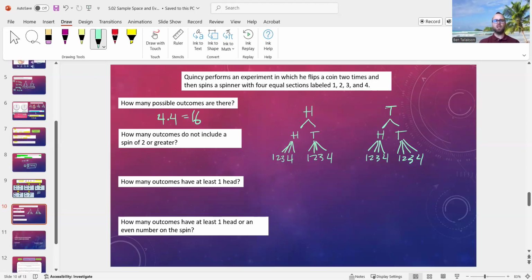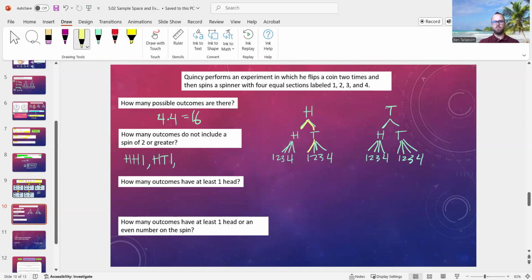How many outcomes do not include a spin of 2 or greater? 2 or greater. Let's think. I see H1, right? If I go from H to H to 1, I do not get 2 or greater, right? Which others? Do you see them? I see heads, tails, 1.